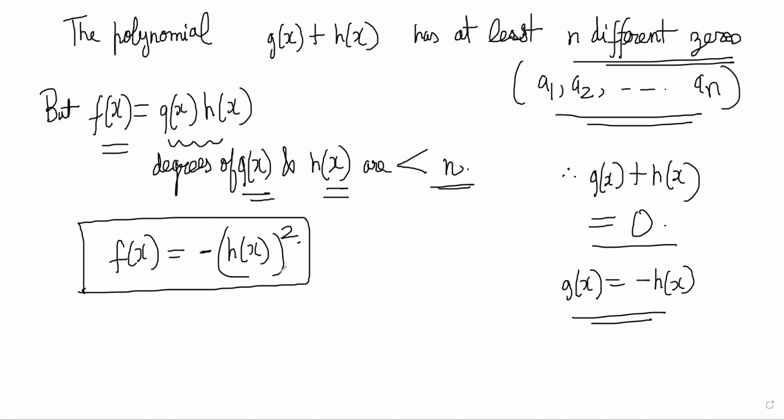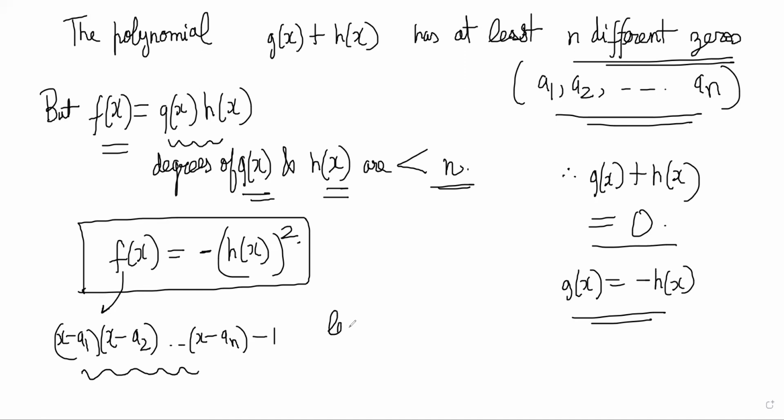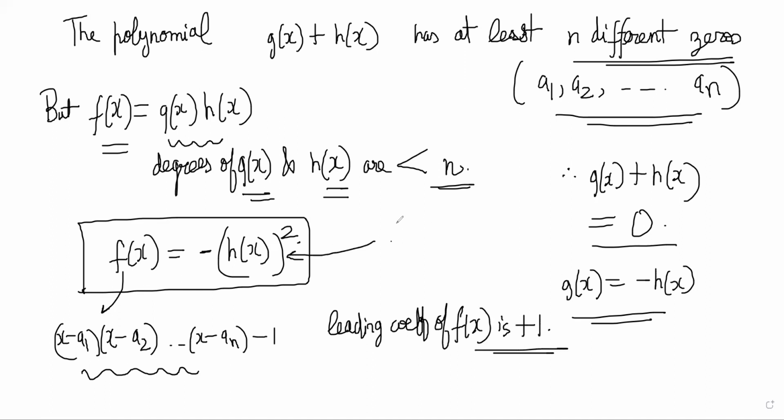But now this leads to a contradiction, because we know that the f(x) function was like this, (x minus a1) till (x minus an) minus 1, and the leading coefficient of f(x) is +1, whereas the leading coefficient of negative of h(x) whole squared is negative.